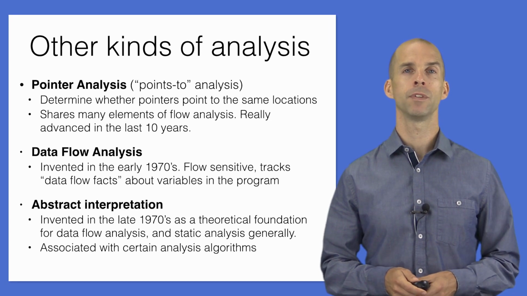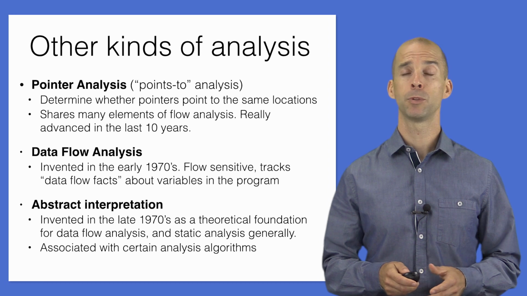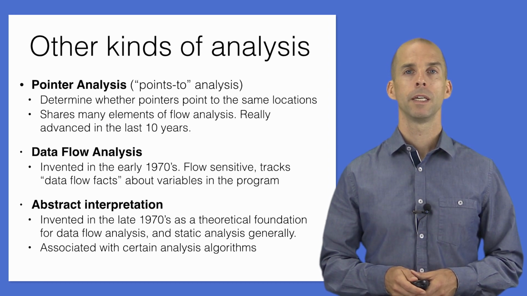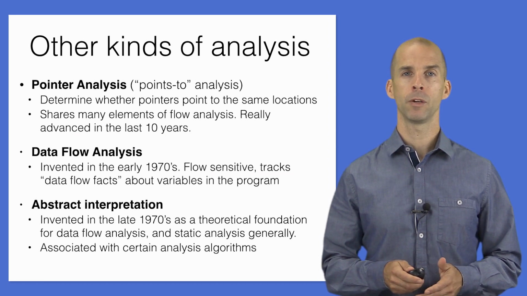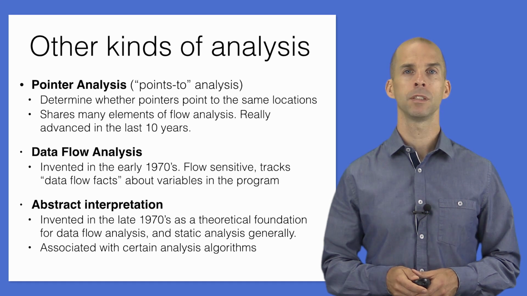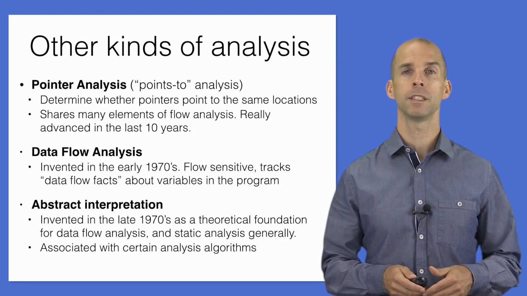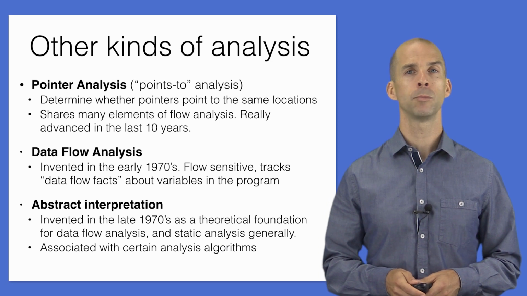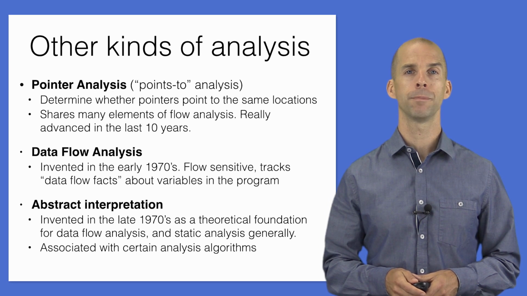Finally, another significant kind of analysis is called abstract interpretation. It was invented in part to provide a theoretical explanation of data flow analysis, but it has grown into a style of analysis in its own right. The key idea of abstract interpretation is that a static analysis is an abstraction of all possible concrete runs of a program.